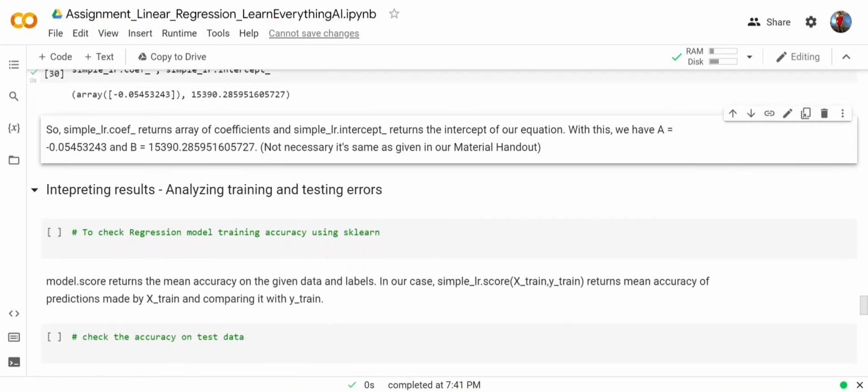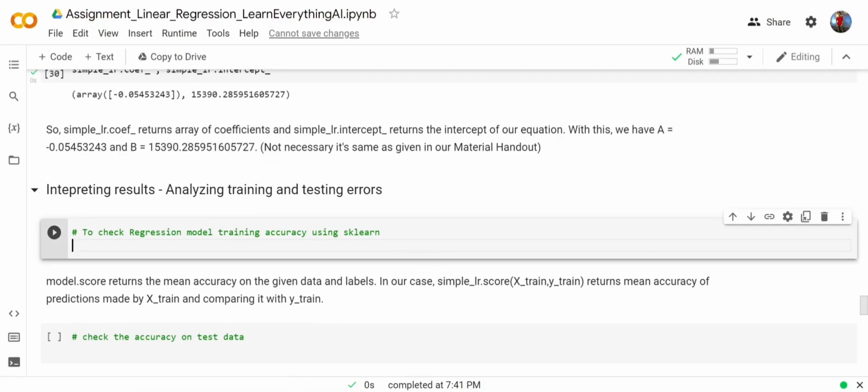Now let us analyze the training and testing errors. So this is again done using the sklearn library. So we will just look at our accuracy scores here.